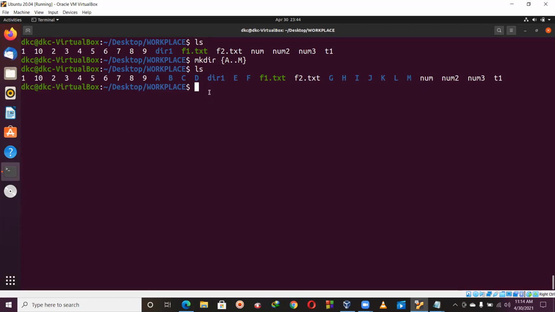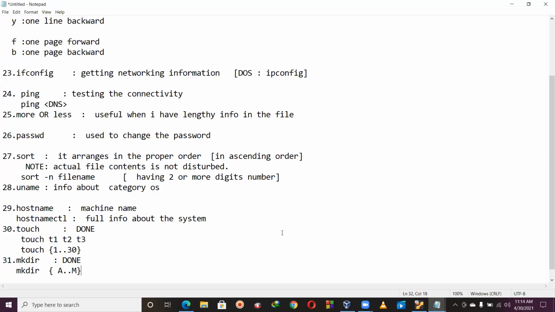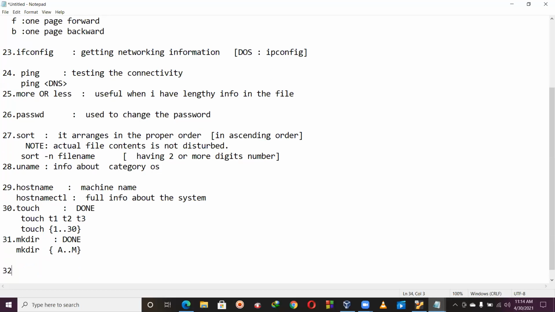Next one, suppose I want to know the information about any file, whether it is an ASCII file or a binary file. In this case, you should note down another command, 32, that is file, simple file, then the object. What do you mean by object? In Linux, an object is anything, whether it is a file or a directory.